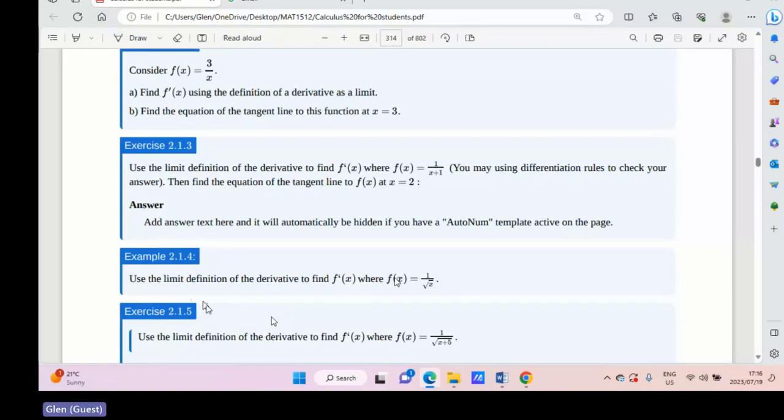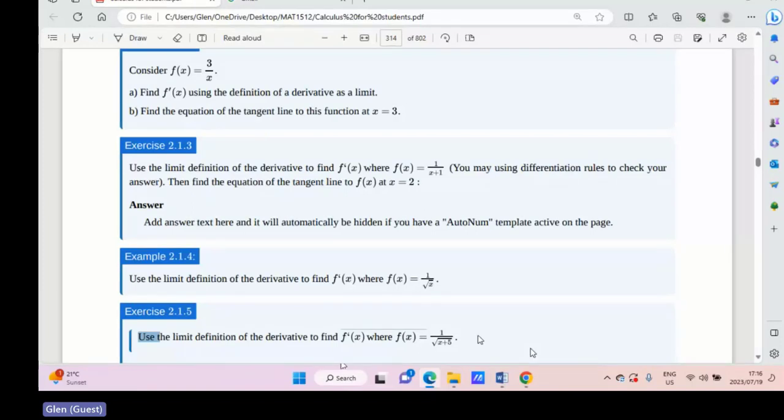Any clarity on what I'm asking you to do? Is it clear? So you are referring to 2.1.4. No. Exercise 2.1.5 is what we are working on. This one.